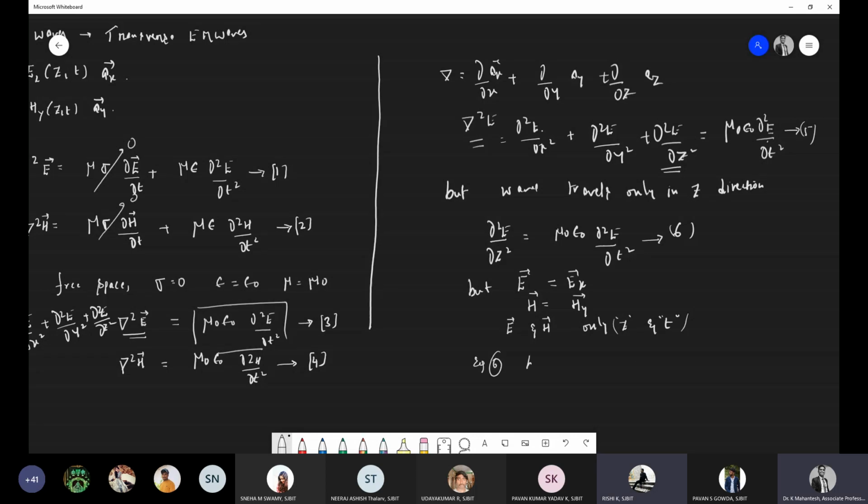Therefore, equation 6 becomes dou square Ex by dou z square is equal to mu naught epsilon naught dou square Ex by dou t square. We'll call this as equation 7.